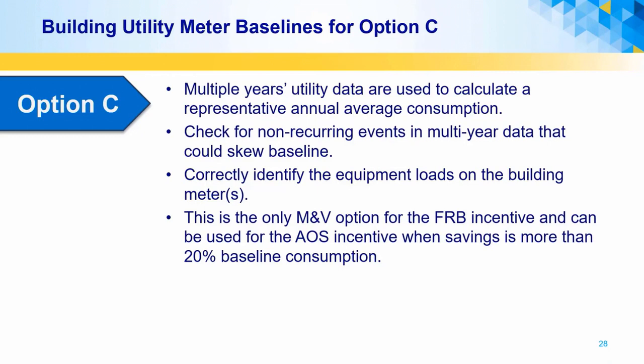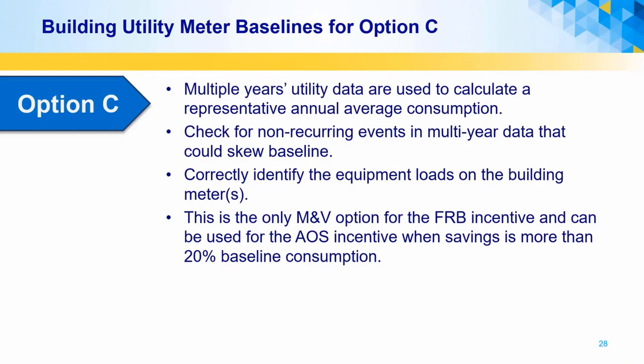An example of this is that if a major piece of equipment is out of service for an extended period of time, then the consumption associated with that equipment will be missing from part of the baseline analysis period. Another example would be an extreme weather event, which resulted in loss of power for an extended period of time. One-time events like these examples should be accounted for during the baseline analysis period.